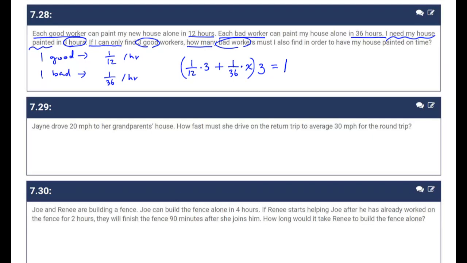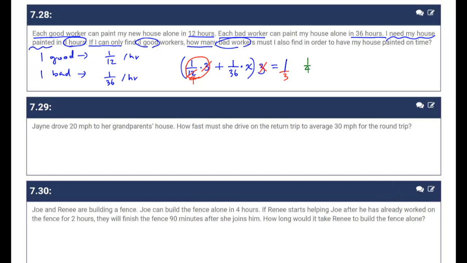Now, it looks complicated, so let me try to divide both sides by 3. Okay, and this times this, 1/12 times 3, 3 goes in there 4 times, so it'll be what?